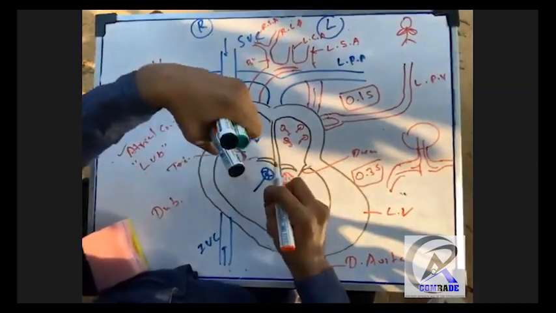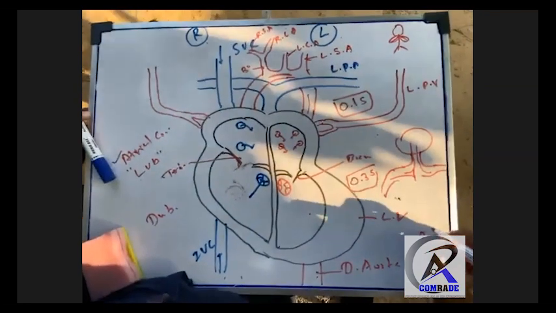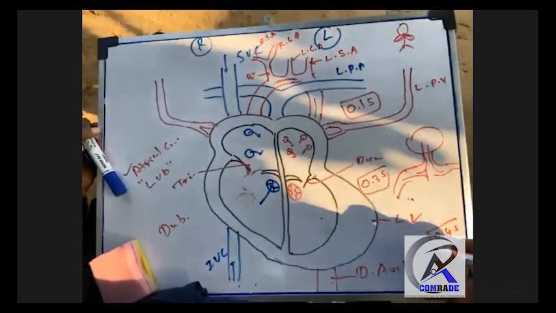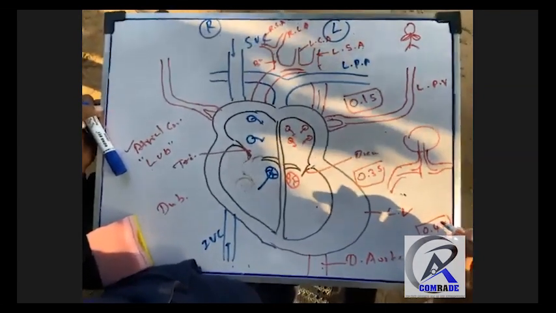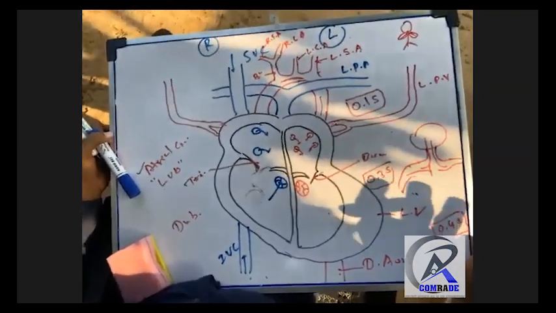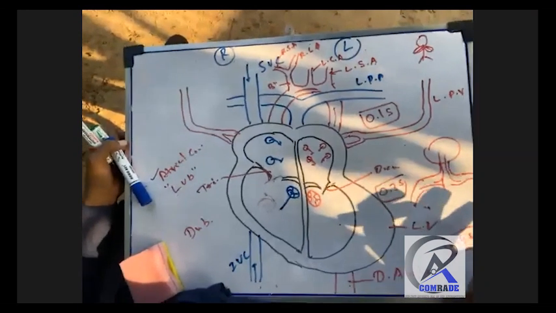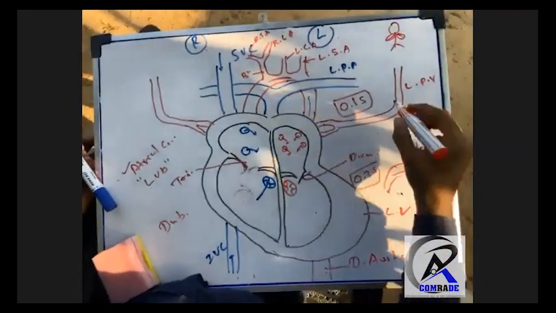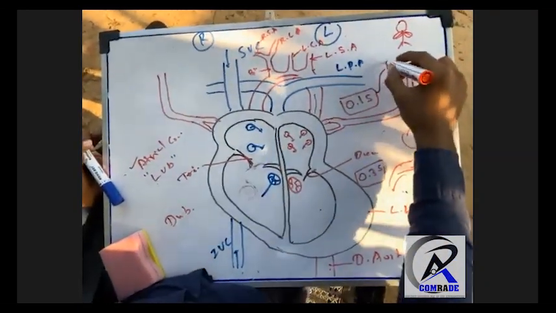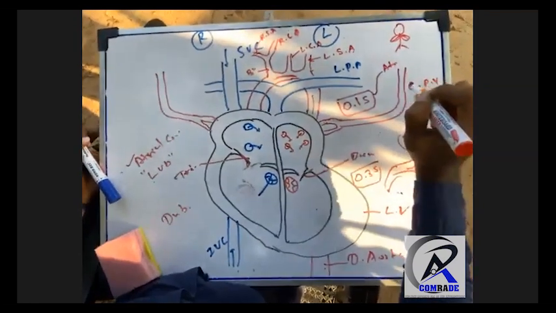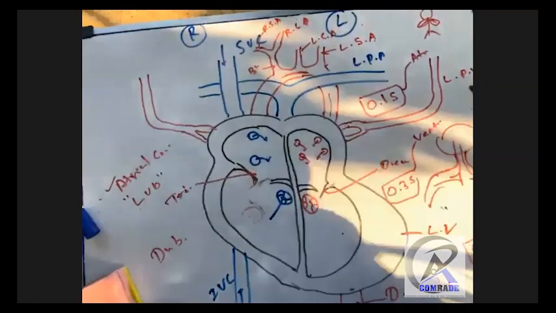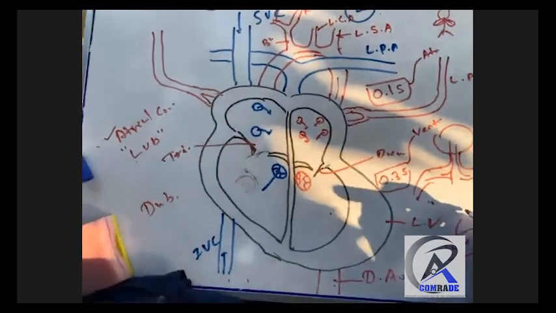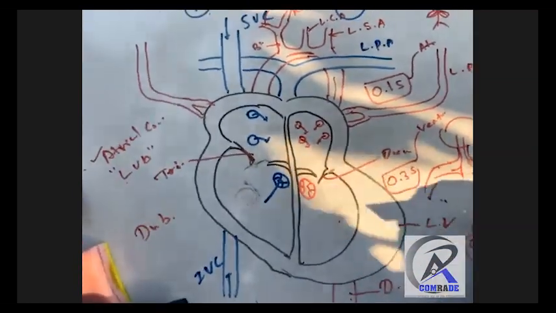Both will relax for 0.4 seconds, and it is known as atrial ventricular relaxation, or relaxation time. So this will be the atrial contraction time, this will be the ventricular contraction time, and this will be the atrial ventricular relaxation time.